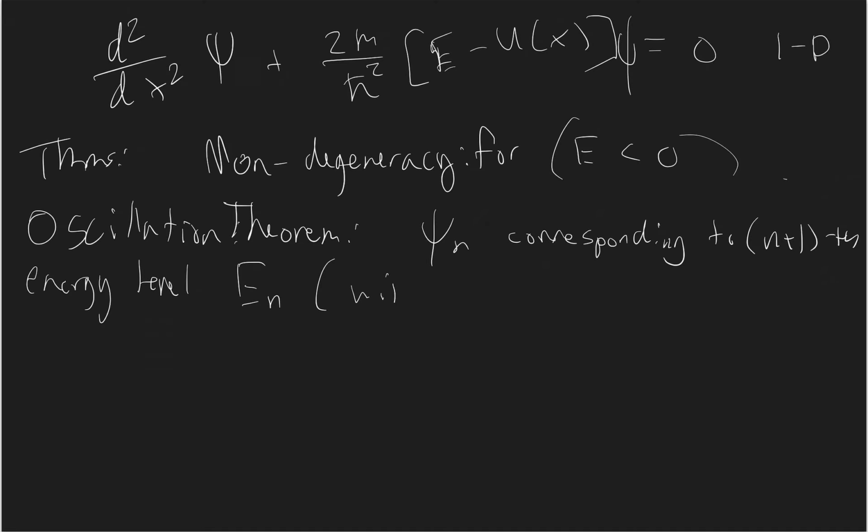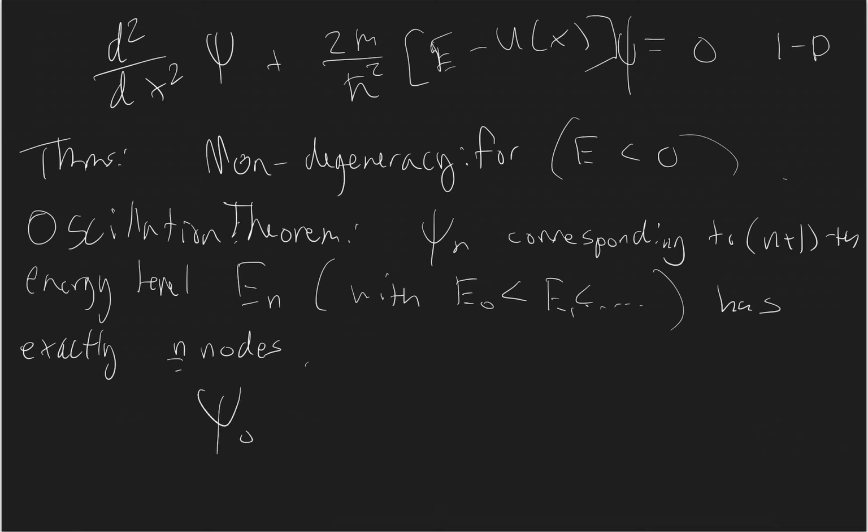You can think about this with E sub 0 being the ground state, and then the next harmonic going on in that discrete spectrum. This has exactly n nodes. So what this means is that if I have the ground state energy, we already kind of said that it has no nodes.